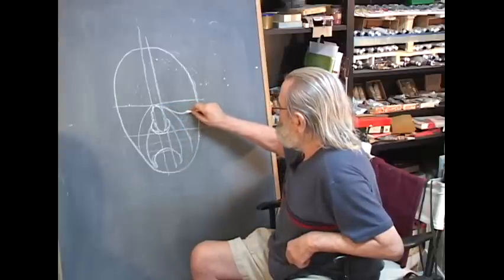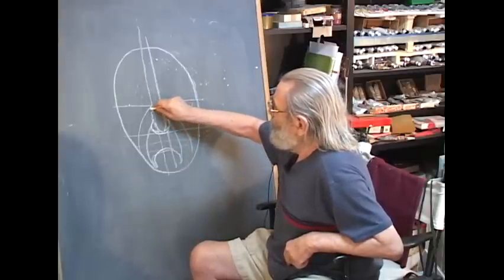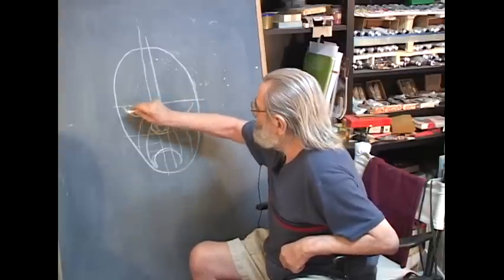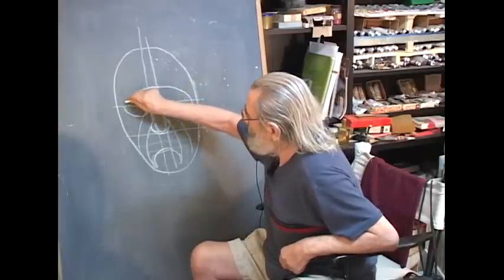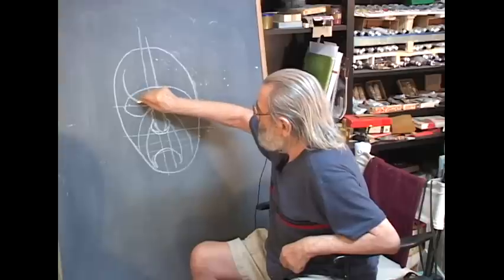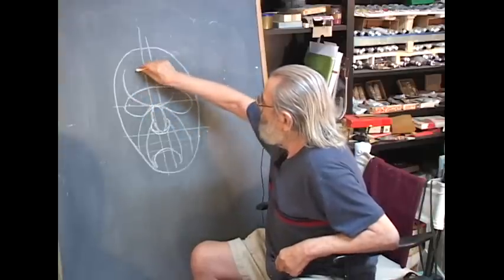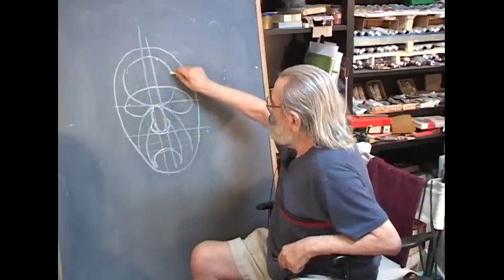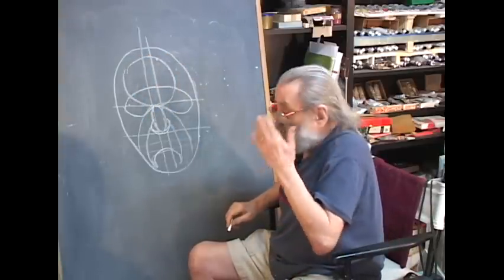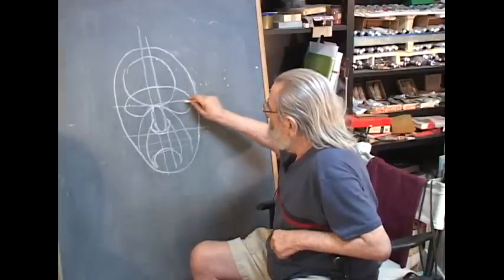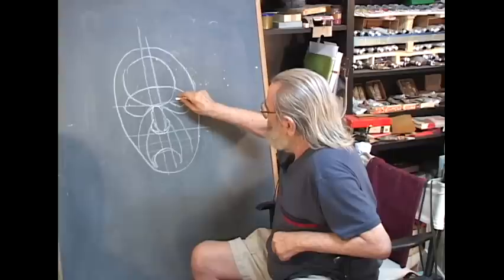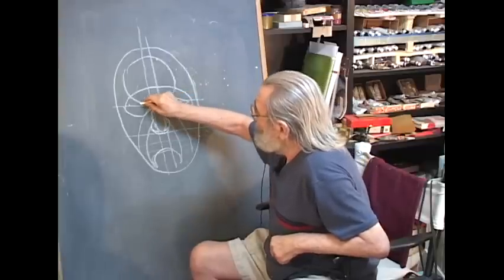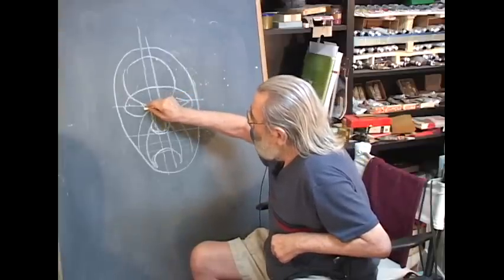There is an area, indentation, for the eyes. And the eyes take an area like this, which in turn has a plane on the forehead, right there. So now we know that the eyes are a shape of an almond.